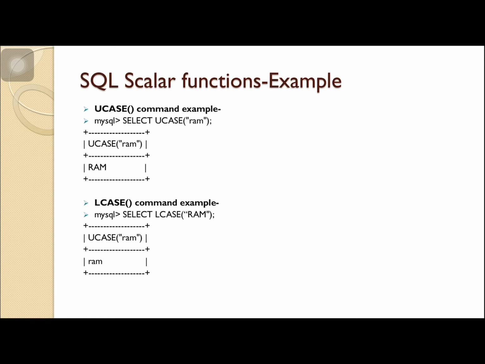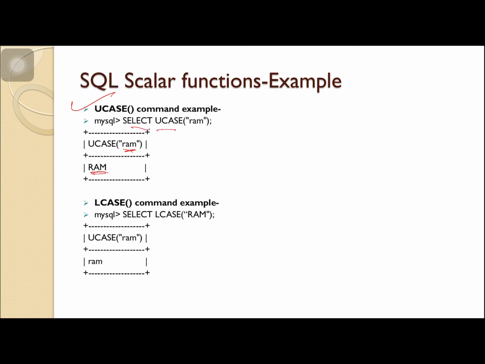Now first of all we will discuss some scalar functions of SQL. First one is the ucase function. As we have earlier discussed, ucase is used to convert a particular string into capital letters or uppercase letters. Using the ucase command is so simple.